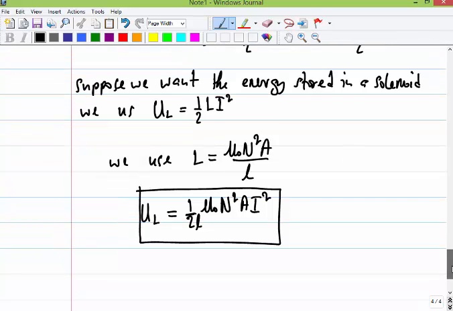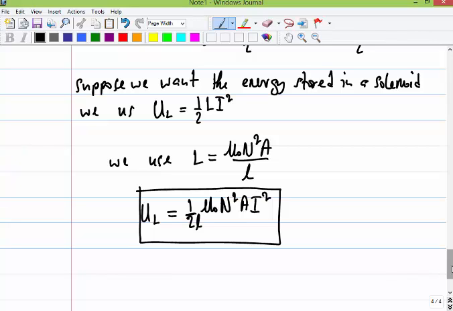Questions on where we are now? So what we've seen is we've shown that we can find the self-inductance of a coil, the induced EMF of a coil, E subscript L, which is minus L di/dt.